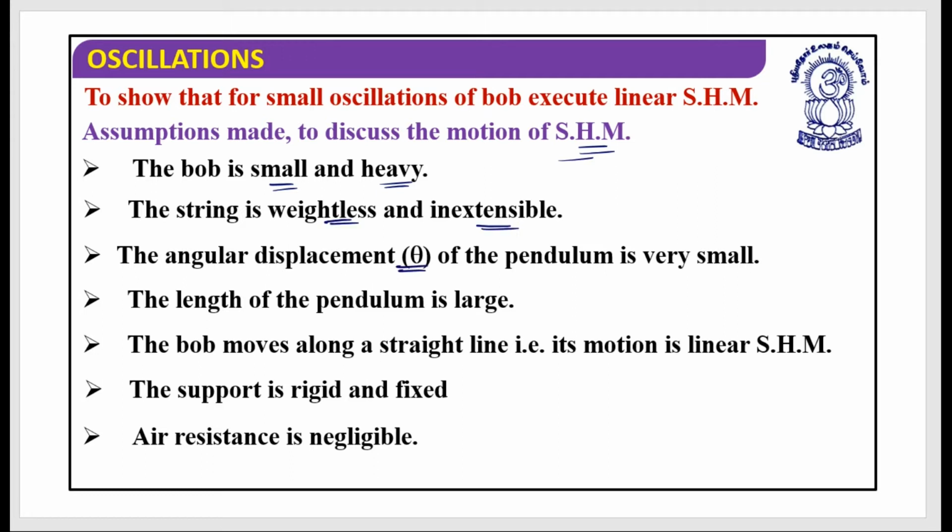The angular displacement theta of the pendulum must be very small. The length of the pendulum is large. The bob moves along a straight line and its motion is linear SHM. The support is rigid and fixed, and we are going to ignore air resistance, so air resistance is negligible.